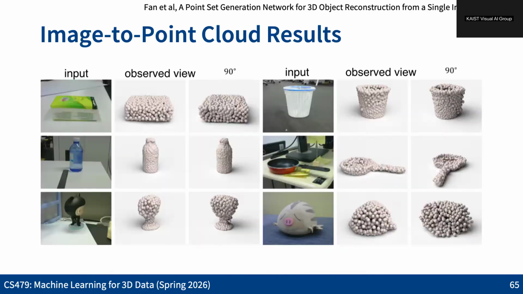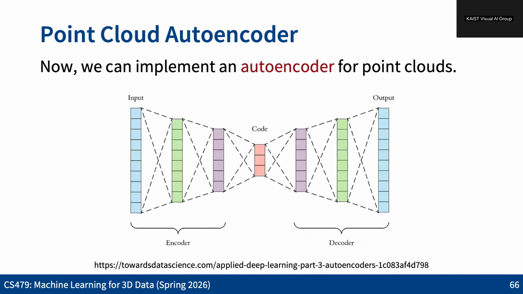So based on that, we can do things like taking the image as the input and making the point cloud as the output. And since we discussed the point cloud encoder as well, now we can have this architecture.